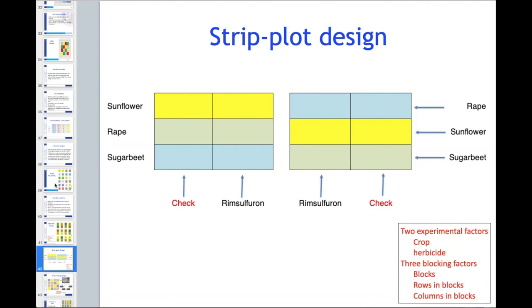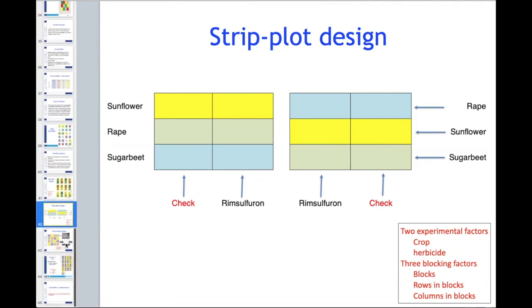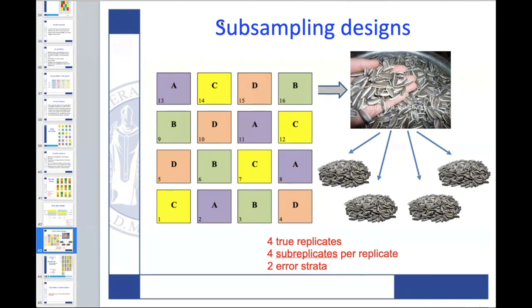Just a brief mention of a couple of different designs. The first one, subsampling designs. So we said that if we take one sample of sunflower seeds and we make three different analyses, for example, about content in oil.